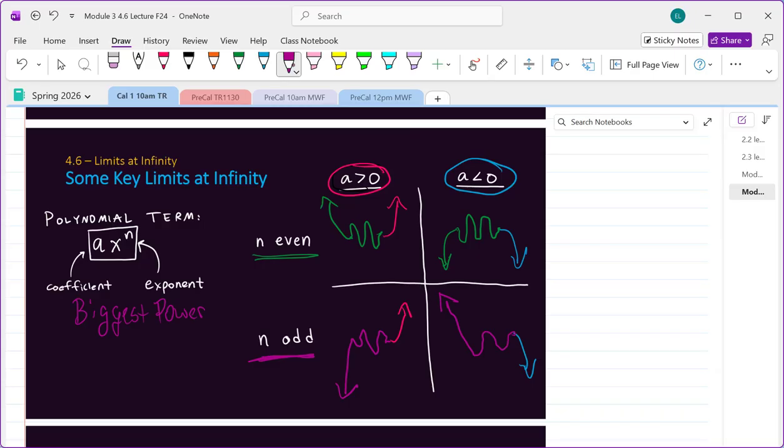For a lot of these, though, I find if you just think about very basic functions, that can help you remember what's going on. So like n is even, that's like x squared. And then if it's positive versus negative.